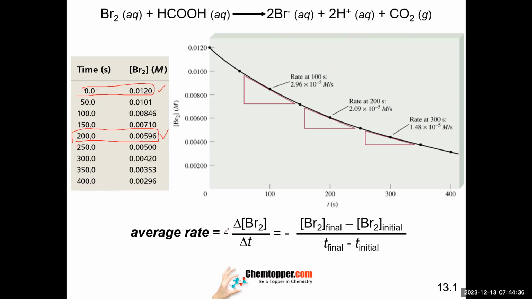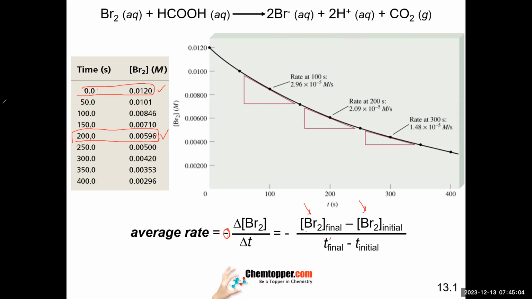There is a negative here. Why? Because this answer will come out to be negative. When you plug in the values, this is low, this is high, so it will be negative. Negative and negative will become positive and you'll get positive rate values. I told you that the numbers will be positive. Molar per second is a positive answer, whether it is decreasing or increasing.